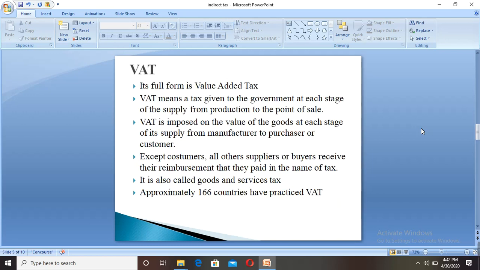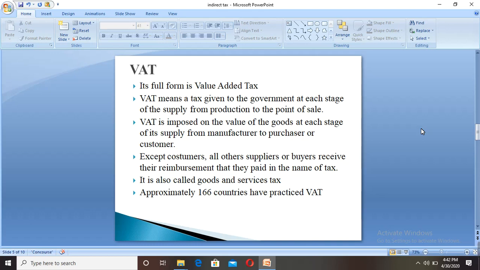Let me talk about VAT. What is VAT? VAT is value added tax. VAT means a tax given to the government at each stage of the supply from production to the point of sale. VAT begins from production and it ends at the point of sale.